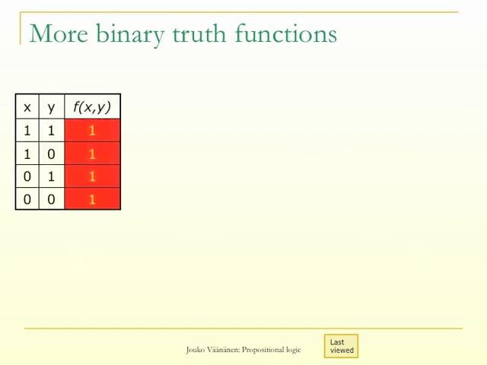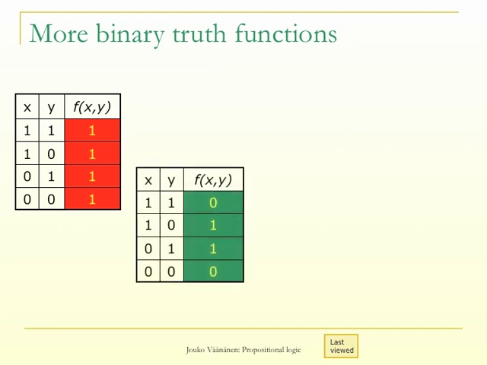Here are some examples of truth functions. In the first one, the value of the function is constant 1. This may not be the most interesting truth function, but it is a truth function all the same. In the second truth function, the value of the function is 1 if the arguments x and y have a different value.